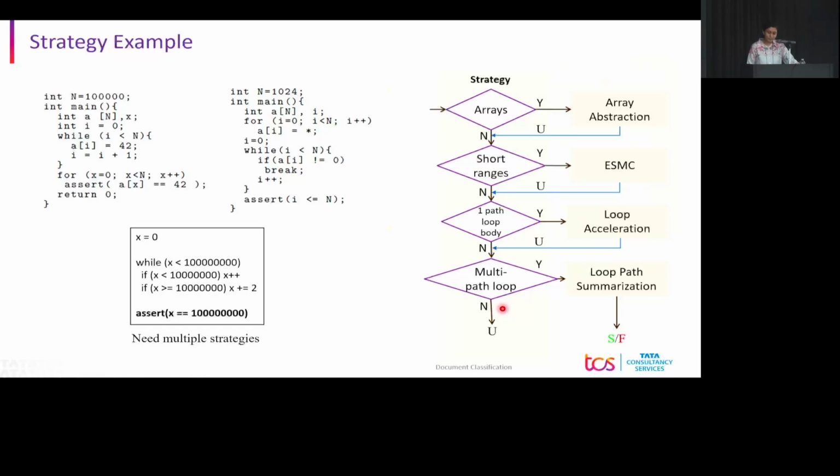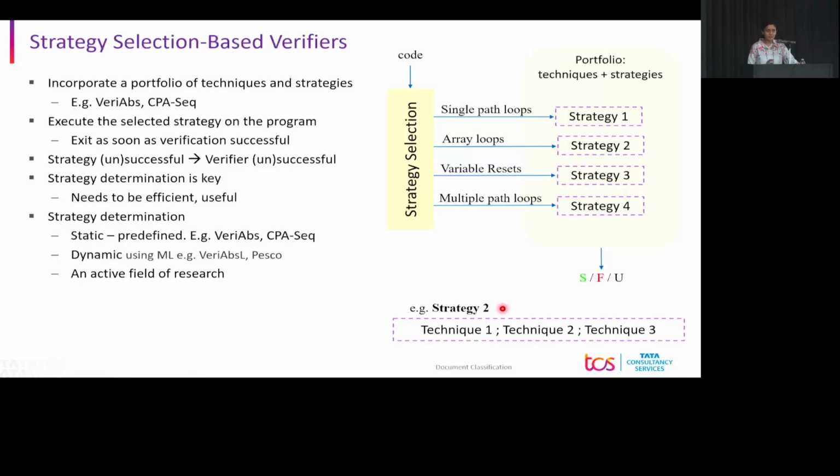So what is the other solution? You can have multiple strategies in your tool. So this is one. VeriAbs and CPSEC are examples of tools with multiple strategies. So now, instead of trying one technique on a program, you have a strategy of techniques for programs with single path loops. You have a strategy of techniques for array loops, variable resets, and so on. So now your chances of verifying the program have improved even more.